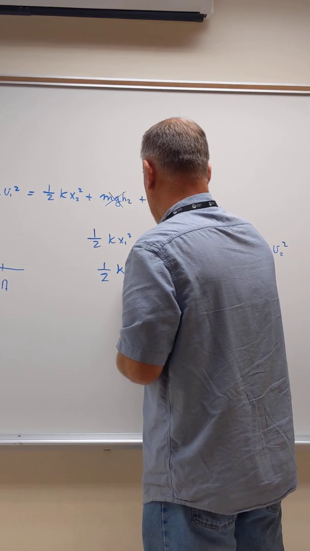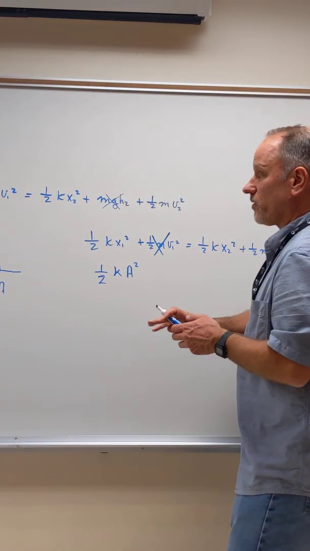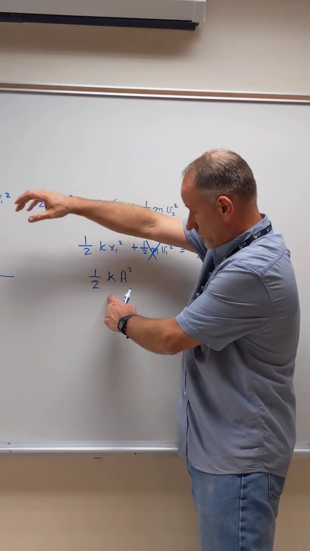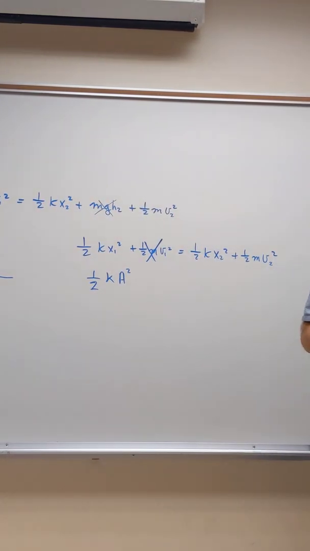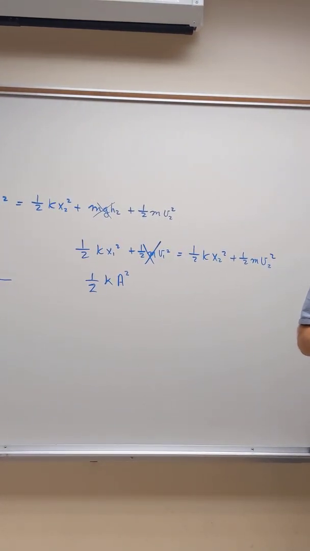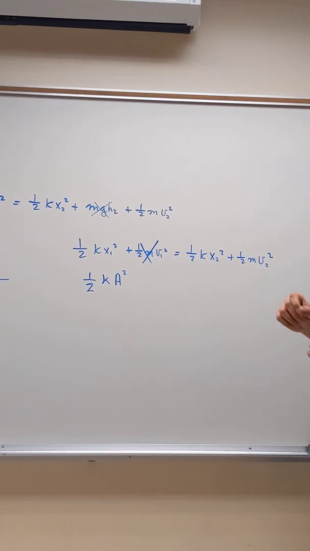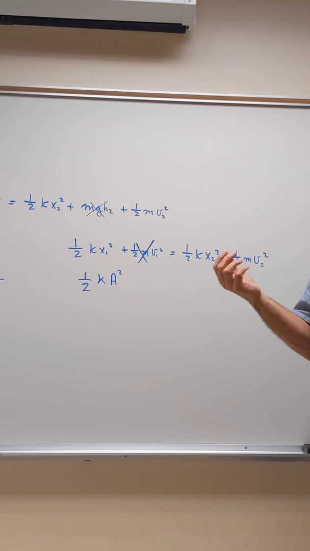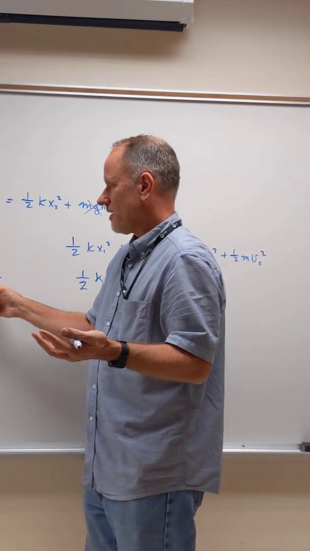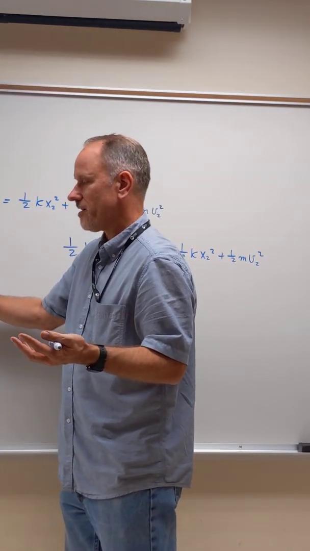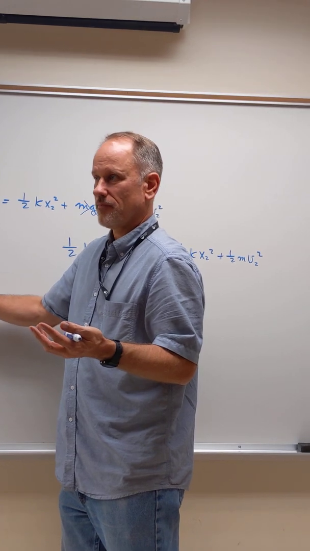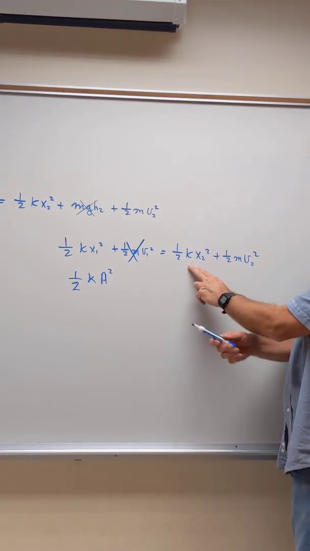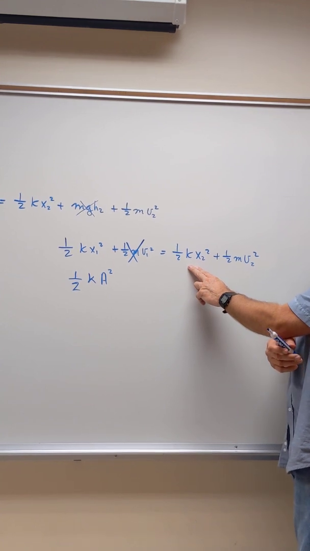It's 1/2 kA squared. If I were to pull it here and hold it, that's its original energy. Do you agree? Then if I let go, and I say, how fast is it going when it gets here? Max. How much potential energy does it have when it passes through 0? Zero.